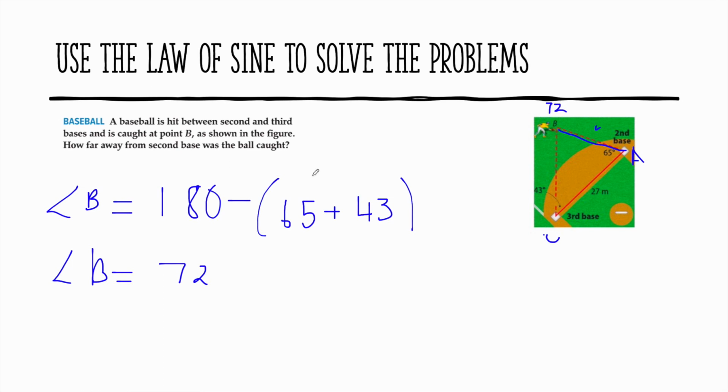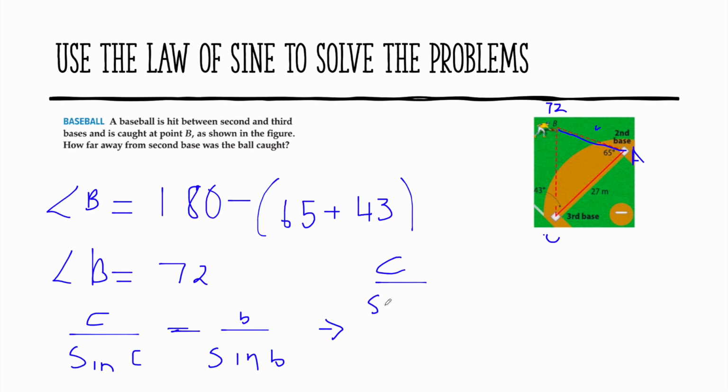Let's go ahead and use the sine rule. So we will say, like I told you before, c over sine C is equal to b over sine B. Okay, let's substitute. What is our c? Our c, it's the one that we are looking for, divided by sine 43.